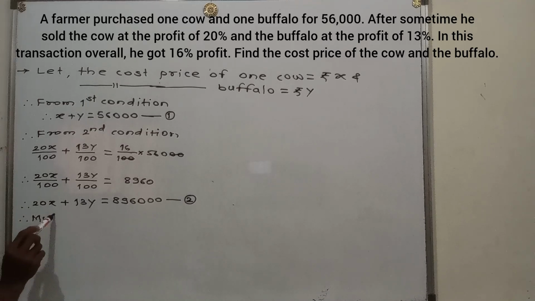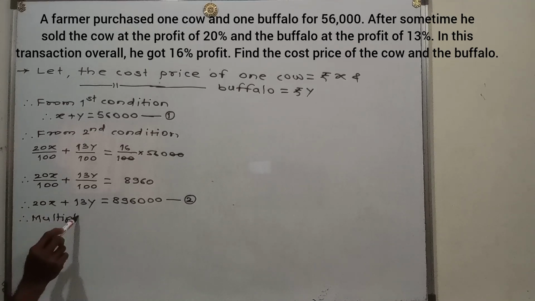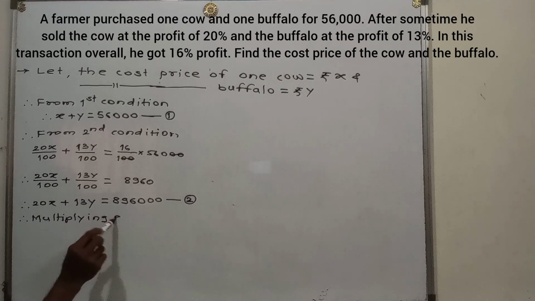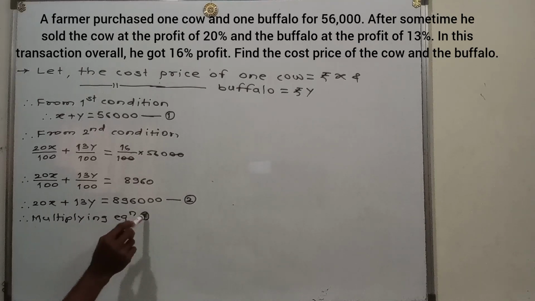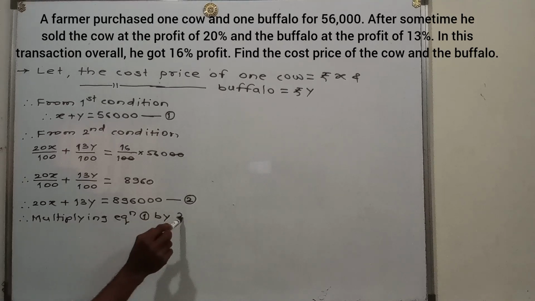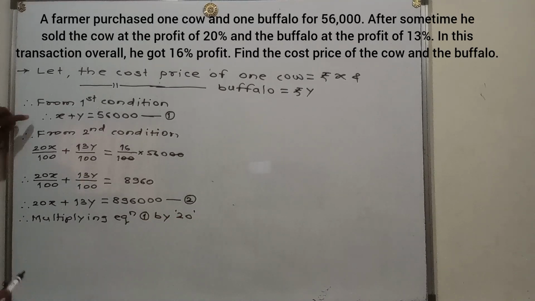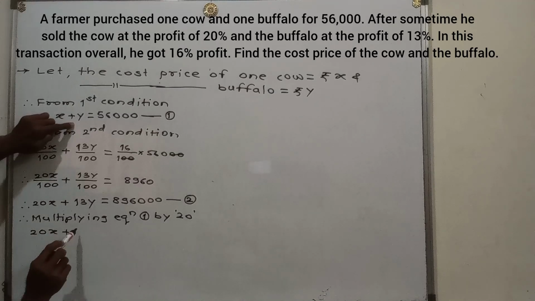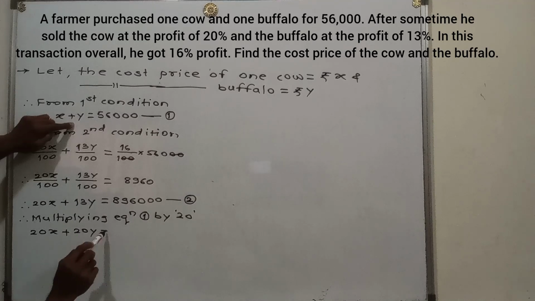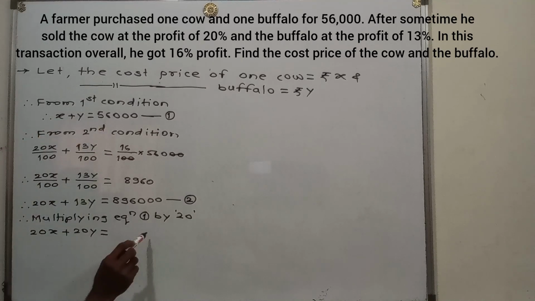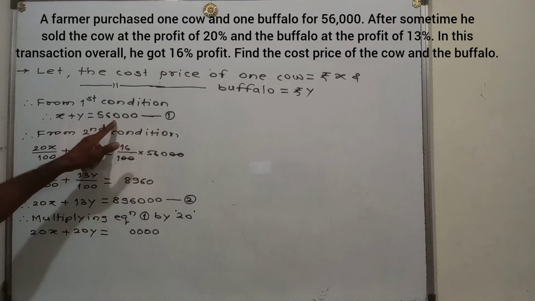Therefore, multiplying equation 1 by 20: 20x plus 20y is equal to, here, 56 into 20, with the zeros.